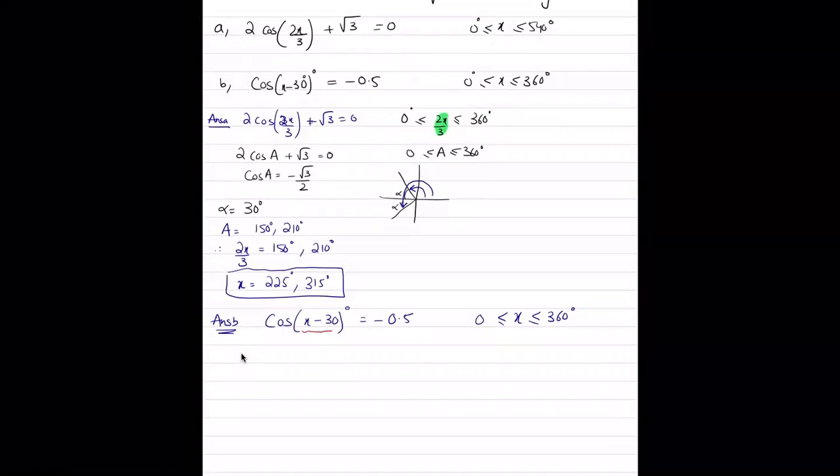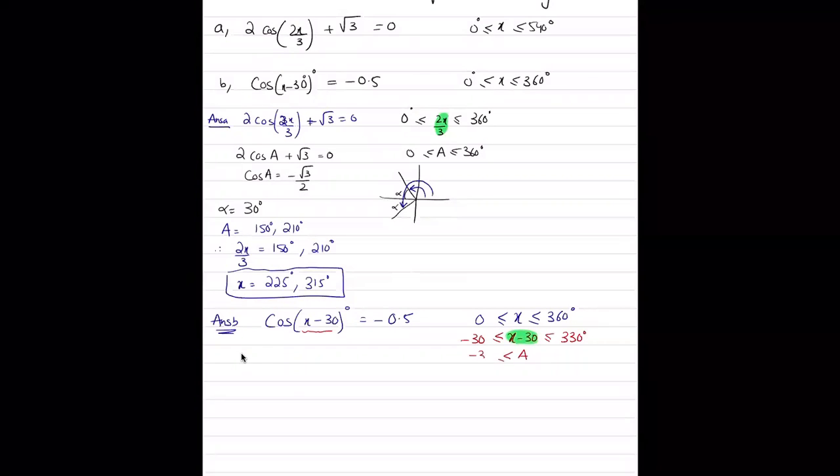So instead of x, we have x minus 30 degrees. You're going to place x as 0 first. So 0 minus 30 is negative 30. And 360 minus 30 is going to be 330 degrees. Now we are going to hunt for angles between minus 30 and 330 degrees.